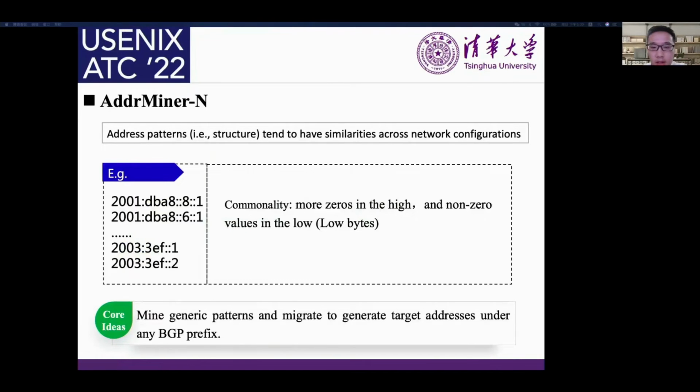The core idea is based on the observation that address patterns tend to have similarities across network configurations. It obtains the common pattern by mining the structural features of active addresses in other regions, and then migrates it to regions without seeds to generate targets for scanning.